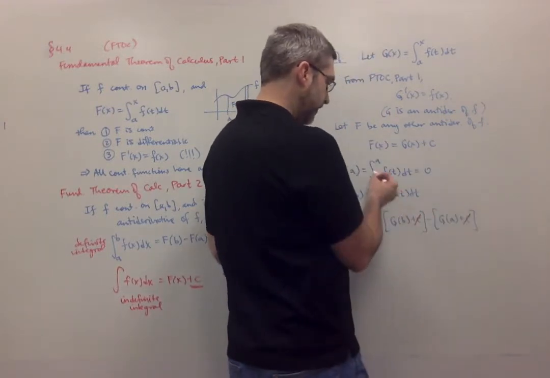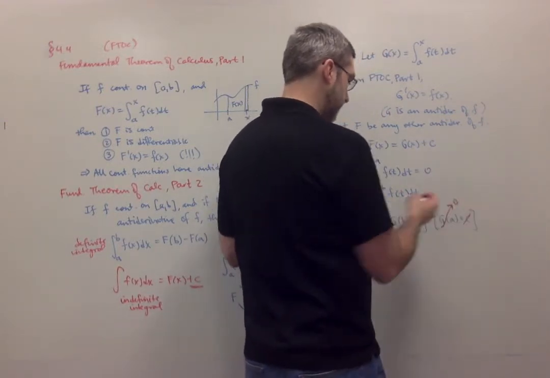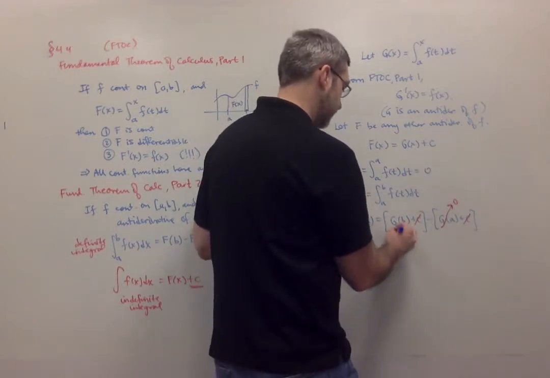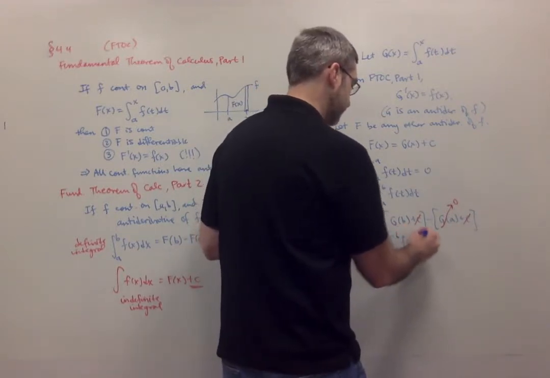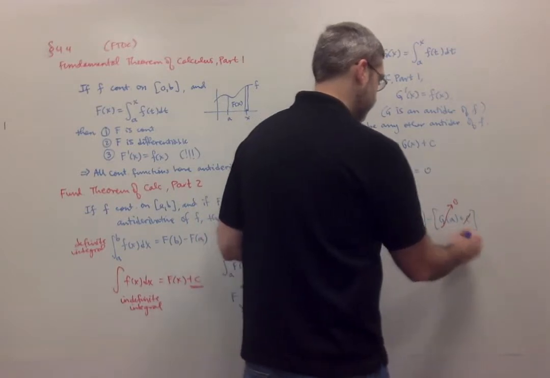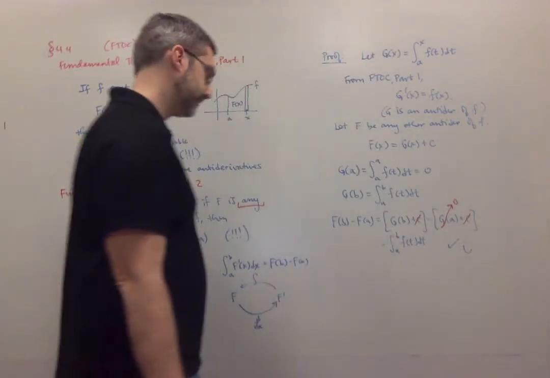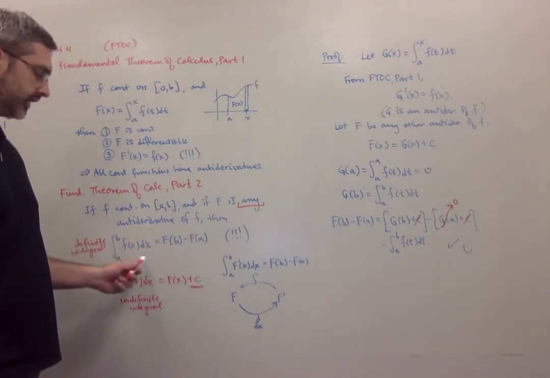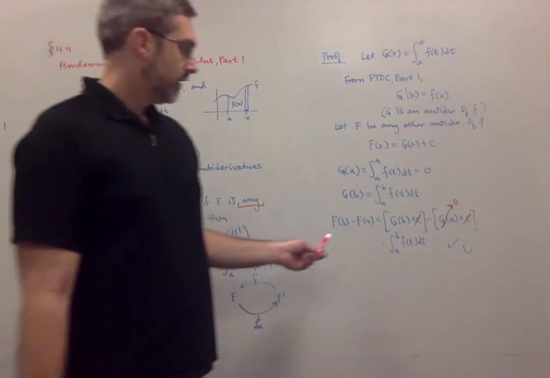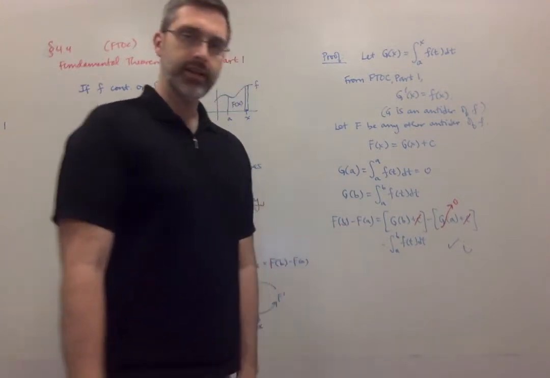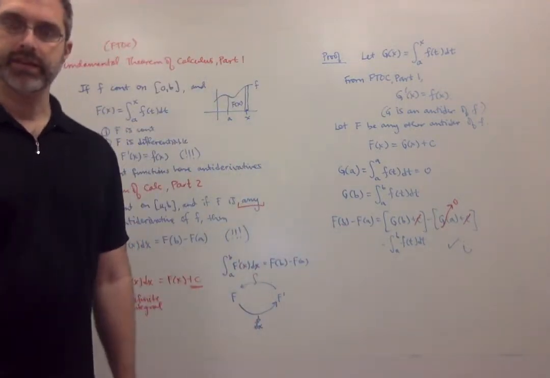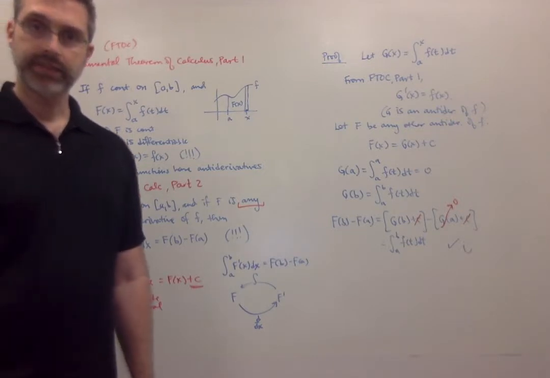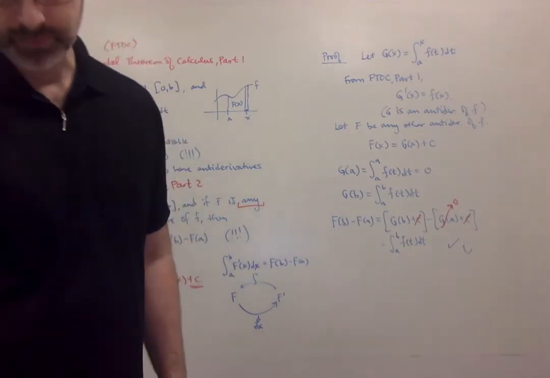And we already figured out that g of A is 0, and g of B is just the integral. So we're done. The integral, again, it doesn't matter if I'm using t or x, is f of B minus f of A, the antiderivative with B and A plugged in. So that's it. Wow.